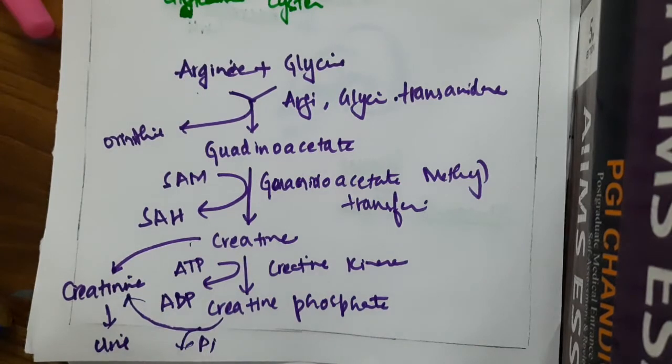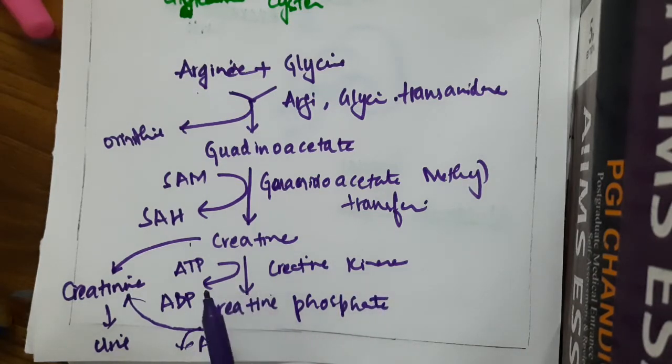This guanidoacetate combines with S-adenosyl methionine, and in the presence of guanidoacetate methyl transferase, forms creatine and S-adenosyl homocysteine. Creatine now combines with ATP, and creatine kinase being the enzyme, forms creatine phosphate.